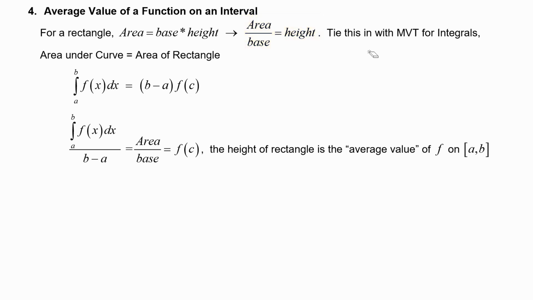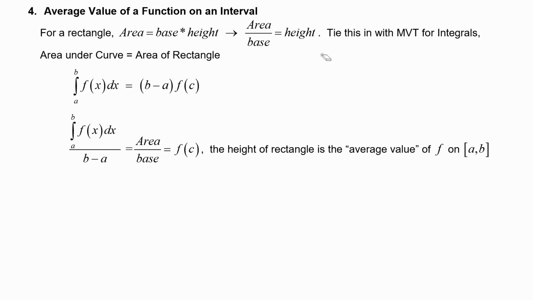Now if we tie this in with the mean value theorem for integrals, where the area under the curve is equal to the area of the rectangle, which remember means the integral from a to b of f of x dx is equal to b minus a, the base of the rectangle, times f of c, the height of the rectangle. So that gives us the area of the rectangle.